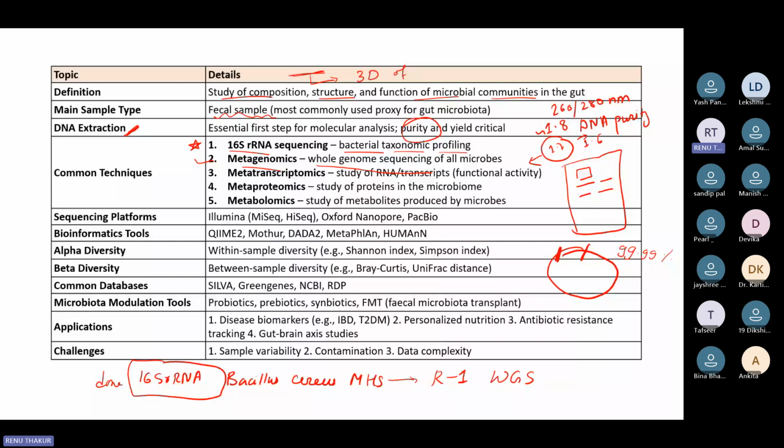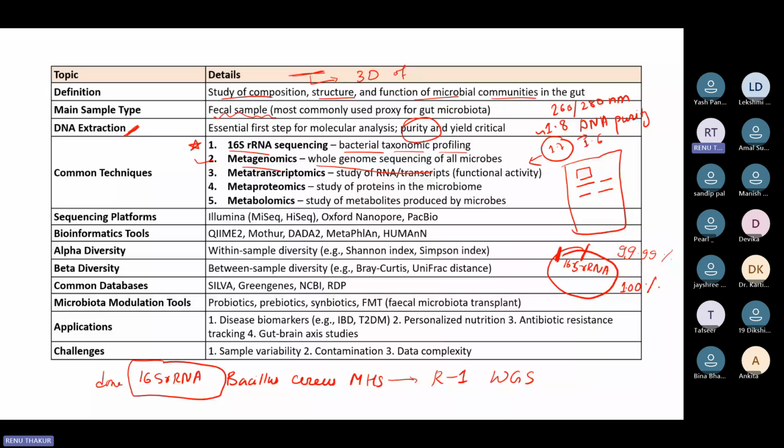But if you are doing the whole genome sequencing, it means not just this 16S rRNA part, but the whole genome of the bacteria. So you can say you are 100% sure that this is the Bacillus cereus.